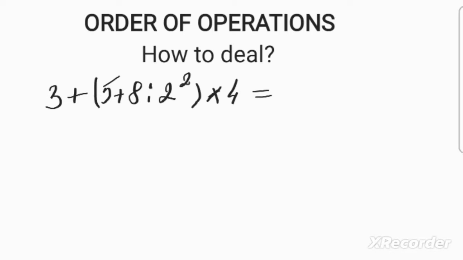First of all, if we have brackets, we will do first of all the operations from the brackets. Inside the brackets also we can see that we have different types of operations.